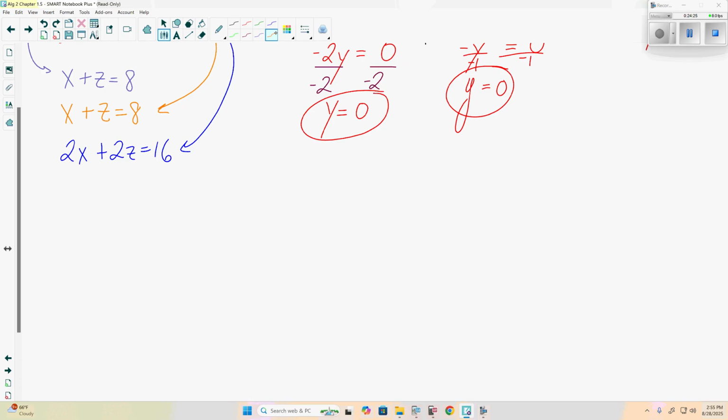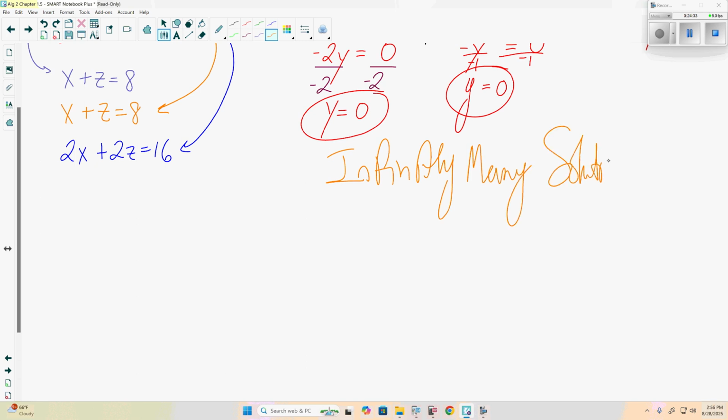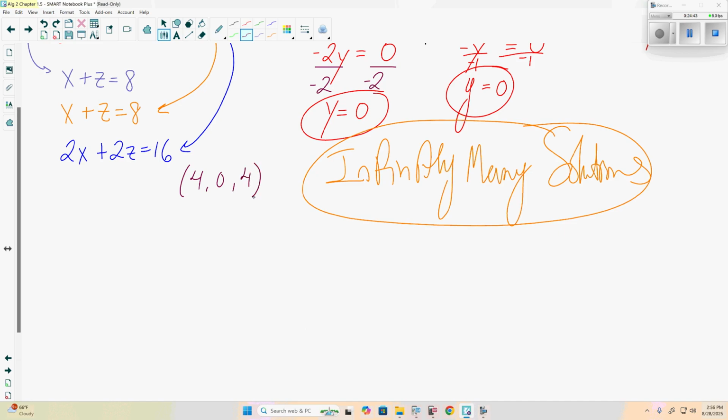Well, this is infinitely many solutions. Now, as you're saying, x could be 4, y is 0, z is 4, yes? How about 2, 0, not 2, 4.